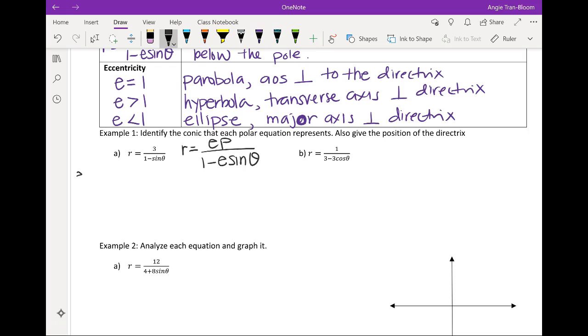To determine the shape, what do we need to know? E. Let's find E. What's E? E is 1. Look, this is already 1. So that means the number in front of sine should be 1. So E is 1. That means I can find out the shape. What shape is this? Parabola.